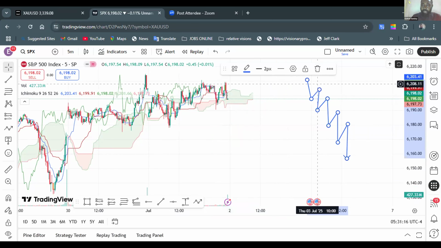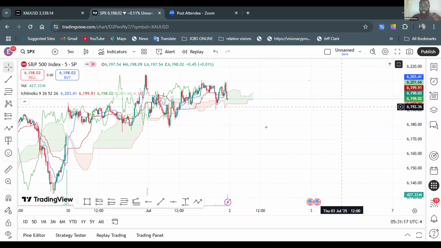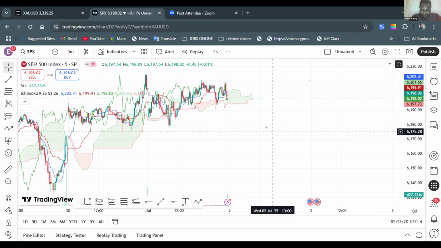So first of all, there are things you need to see that drives the market, and that is in terms of market structure. So Rich Vandega talked about three pillars or three essentials that you need for you to be able to be a successful trader.